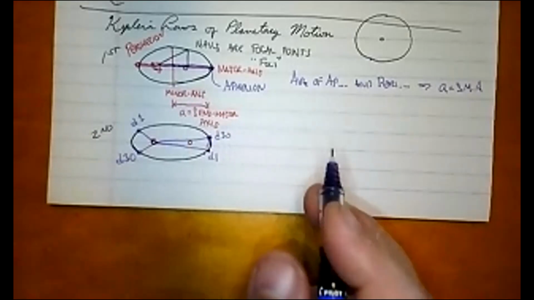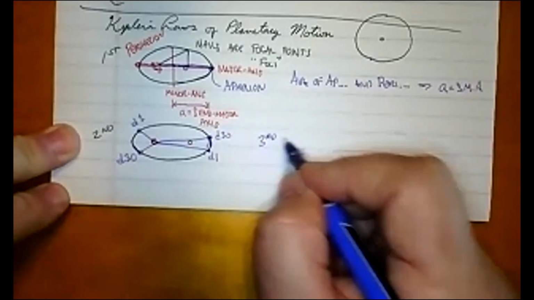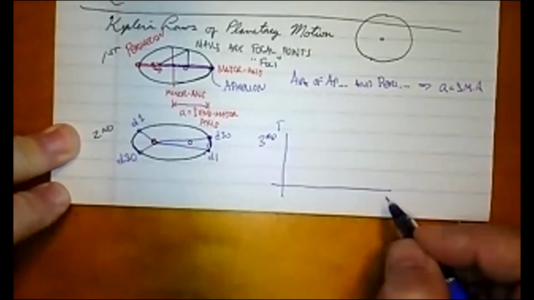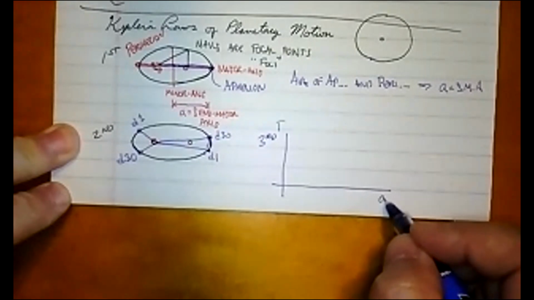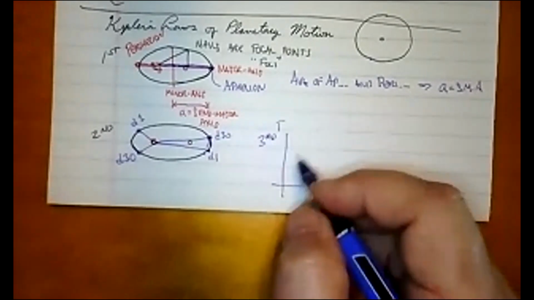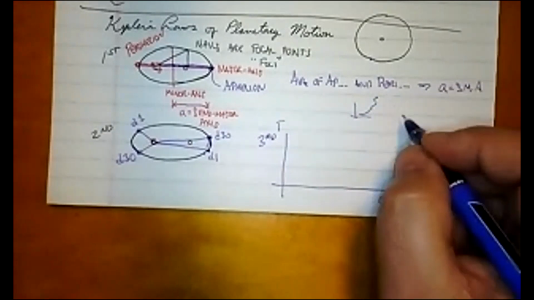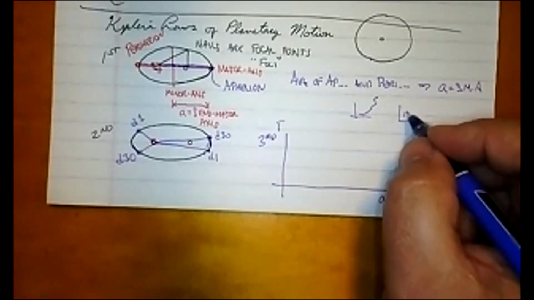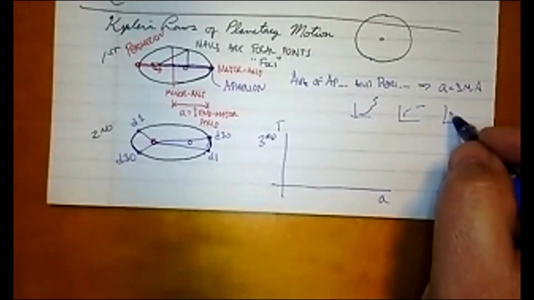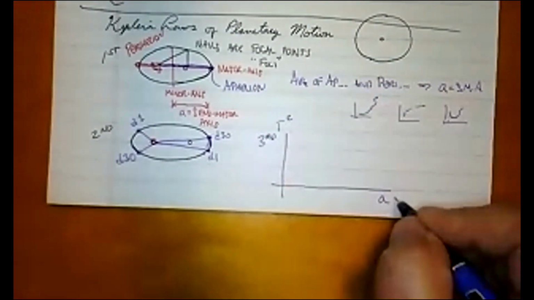And then finally, his third law. Basically, he took the period versus the semi-major axis for the planets, and he'd keep plotting them with various powers, and he'd get lines like this, or lines like this, or lines like this, until he did T² and a³.